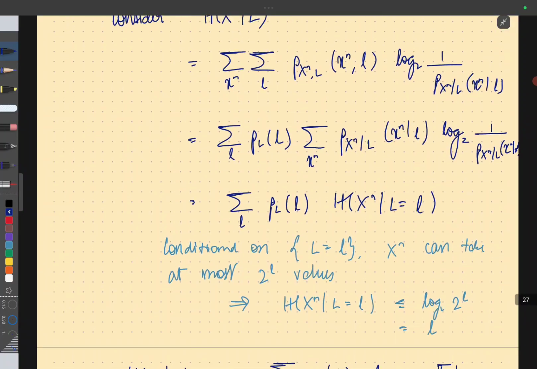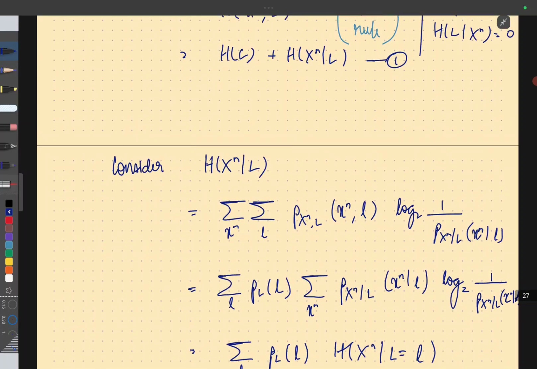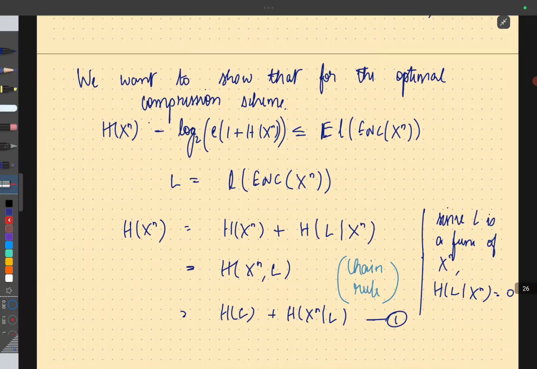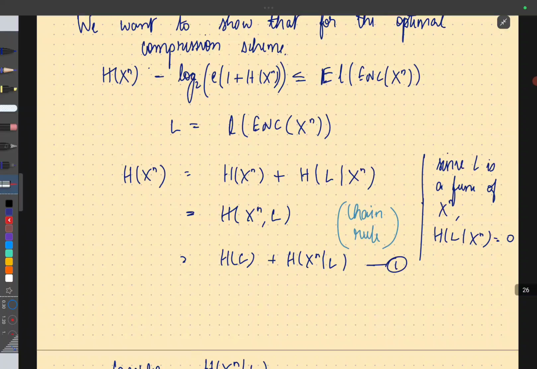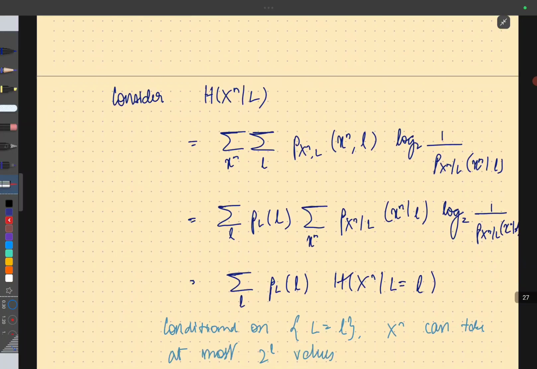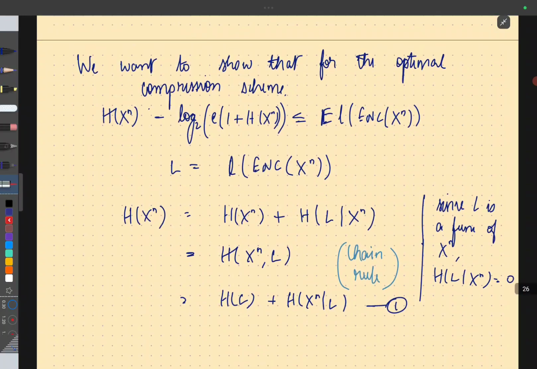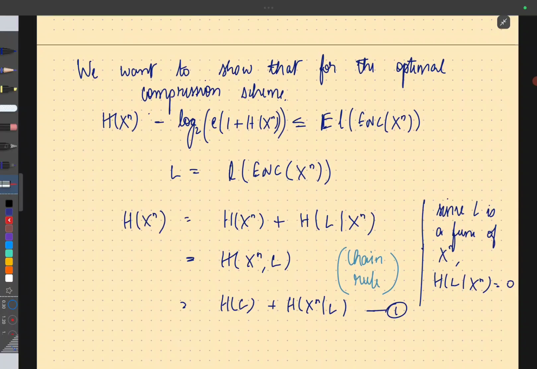In particular, when proving lower bounds, this is a very commonly used approach. You start with some particular entropy, and then you use the chain rule to introduce a new random variable that depends on this somehow, and then again split it in a different way, again using the chain rule, and then bound each of those terms. This will be the most standard approach to proving lower bounds on some particular metric.